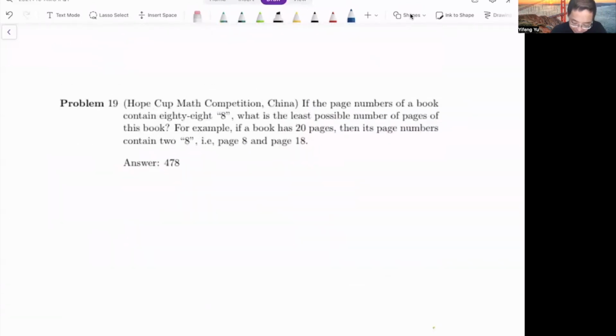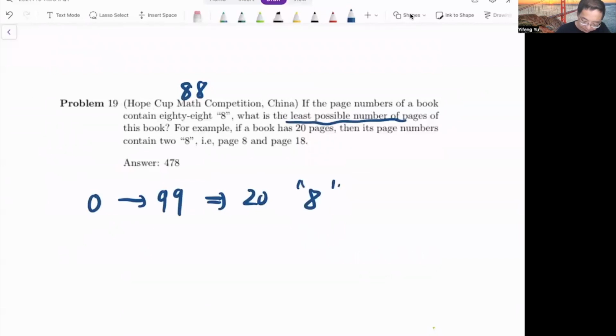Problem 19: if the pages of a book contain 88 eights, what is the least possible number of pages of this book? We can first figure out how many 8s we have. From 0 to 99 there are 20.